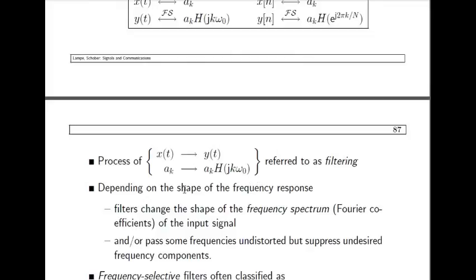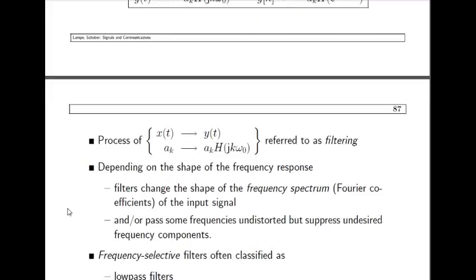Depending on the shape of the frequency response there are some properties related to it: filters change the shape of the frequency spectrum, the Fourier series coefficients of the input signal. We can pass a signal through a filter to remove or add some desired frequencies inside the signal.